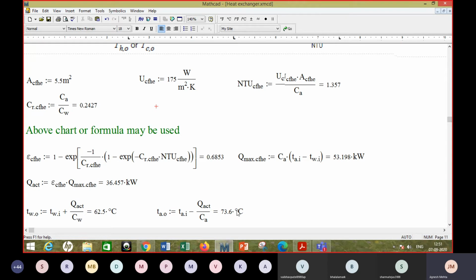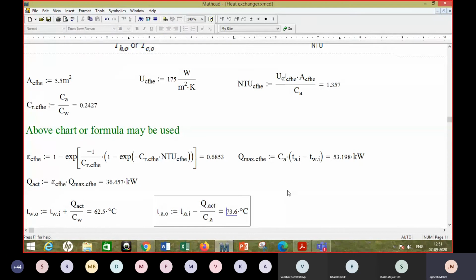So there are two things that you might check. One, whether this 36.457 is good enough for me or not. If it is not, then I may have to check for another heat exchanger. Second could be, let's say, the air temperature reduces to 73.6, right?